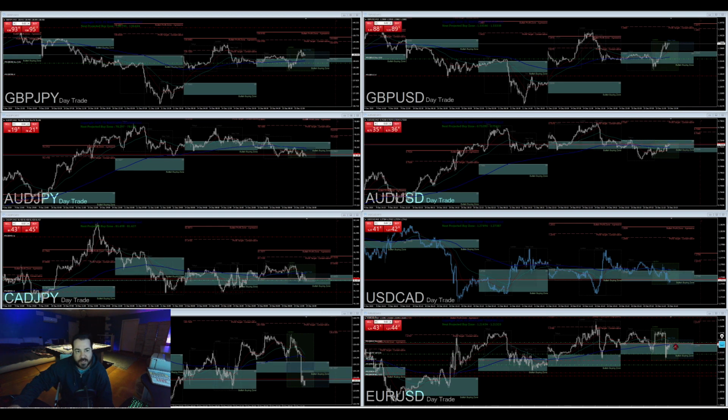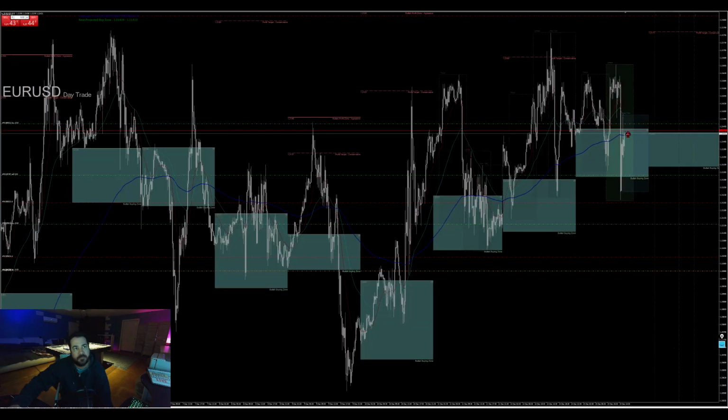I'm going to be watching this central pivot very closely here. You can see it's already rejected once off of it. And I may even move my other stop loss up to break even. It's this one right here.